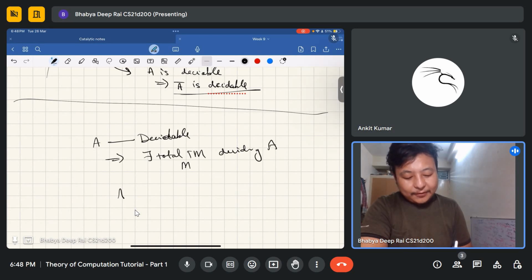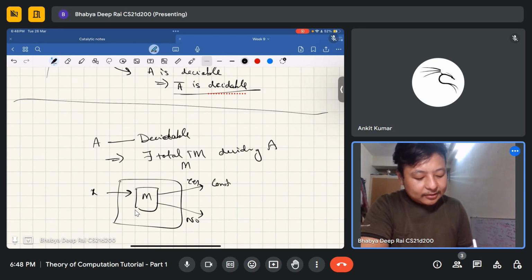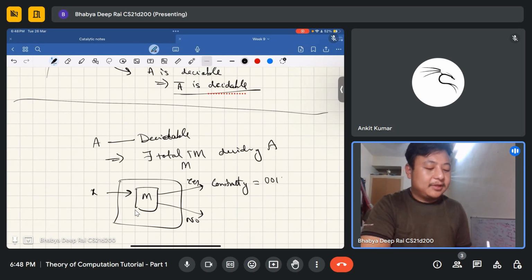Given an input X, we'll run the machine M. M says yes or no. Yes means it belongs to A, no means it does not belong to A. If it's yes, construct Y equals 0, 0, 1, 1. If no, then construct Y equals 0, 0, 1.